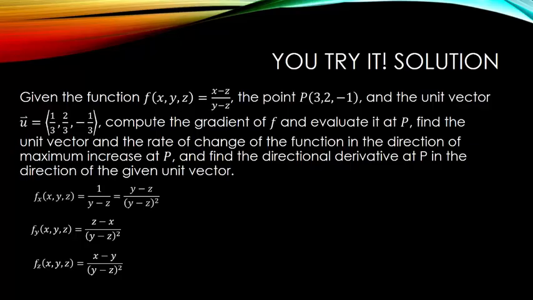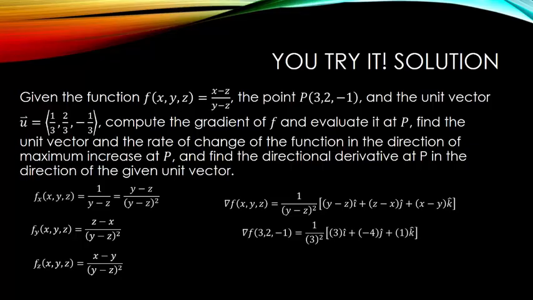My gradient of f at (x, y, z) is therefore given by 1 over the quantity y minus z squared times the vector components y minus z in the i-hat direction plus z minus x in the j-hat direction plus x minus y in the k-hat direction.